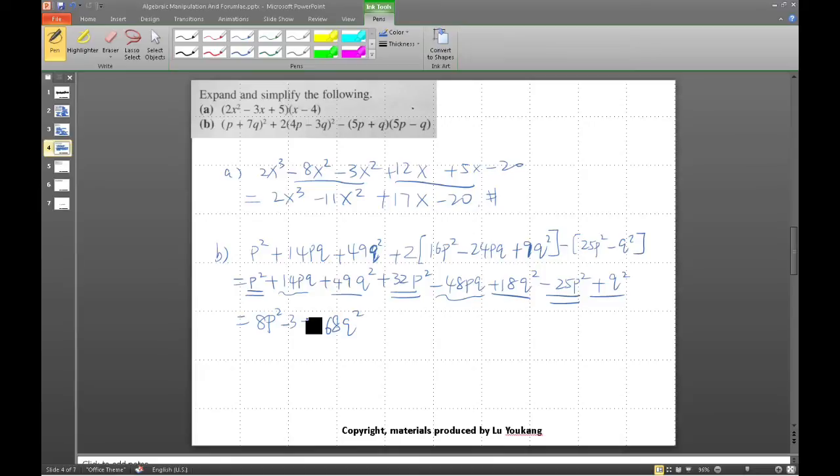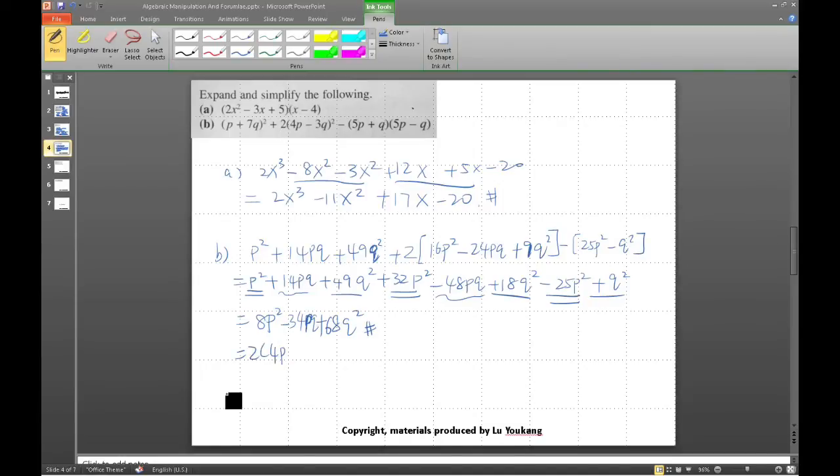And 14pq minus 48pq, I get minus 34pq. I hope you also use a similar technique to do addition and subtraction of similar terms, because I realize this technique helps me a lot to differentiate so many terms.